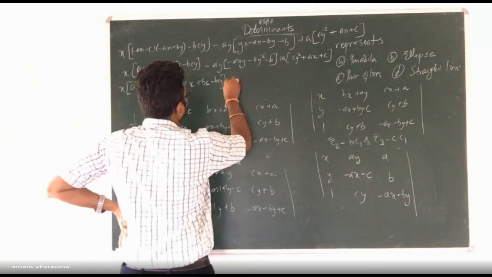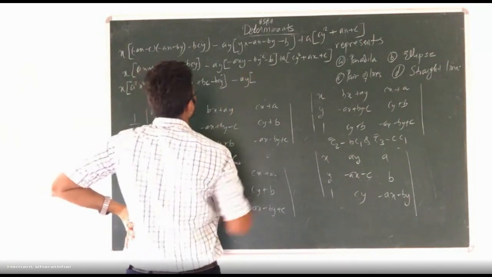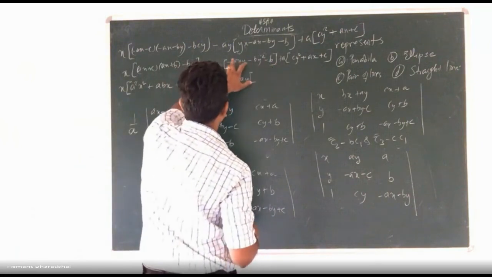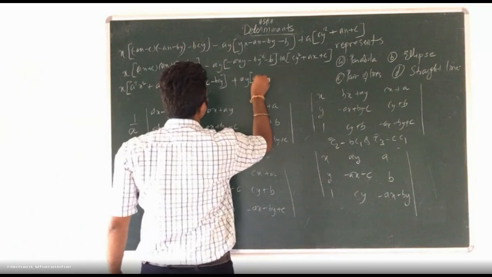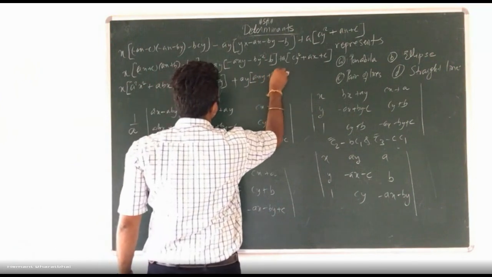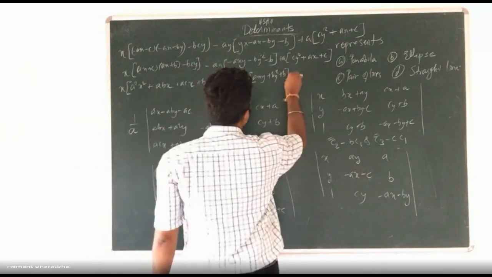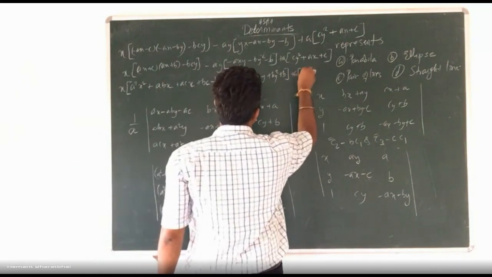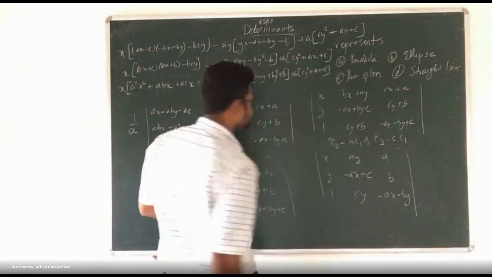Getting complex. Minus ay: the entire minus sign I am taking outside, so this will become plus axy plus by square plus b. And here a into cy square plus ax plus c.